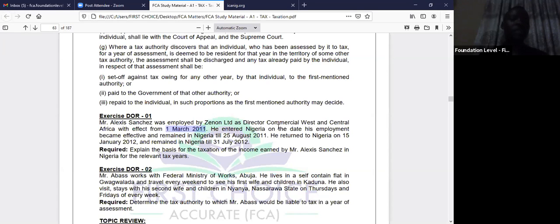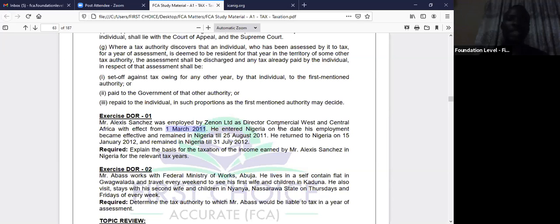It means his residency started, okay, from July 16. That is when he stopped being non-taxable. So from July 17, his residence started.